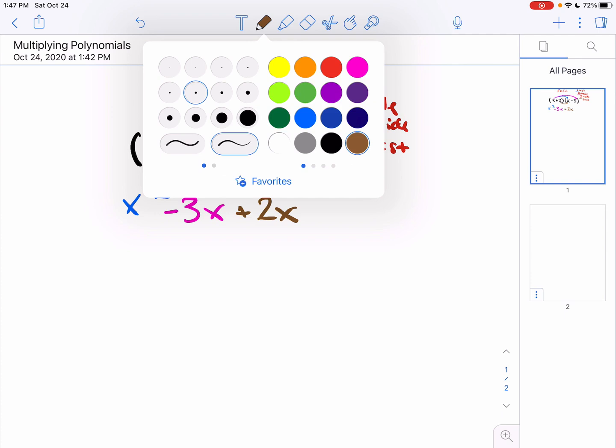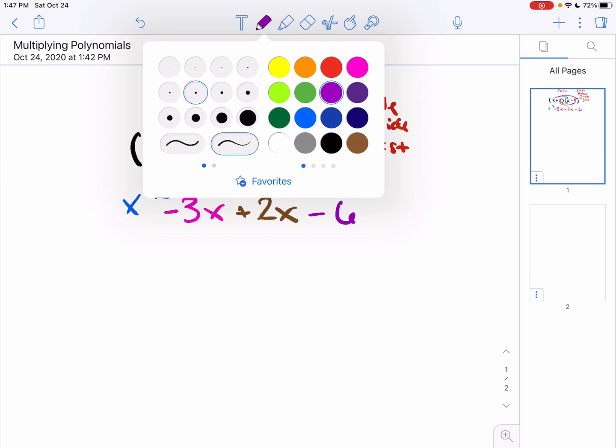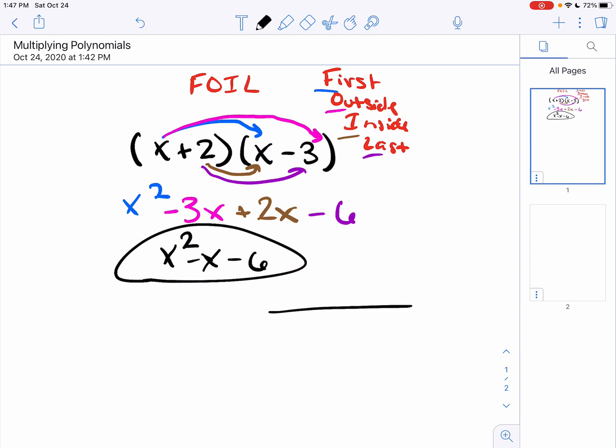And then my last, 2 and negative 3, so negative 6. So now at this point, we could just combine our like terms, and I get x squared minus x minus 6.